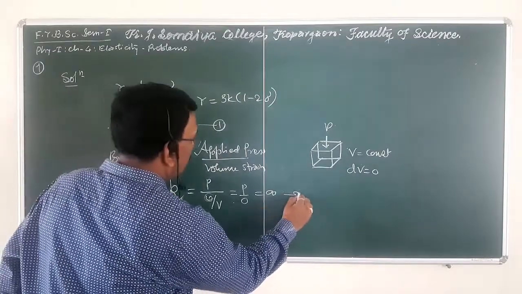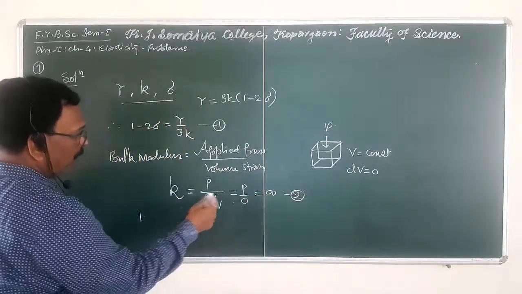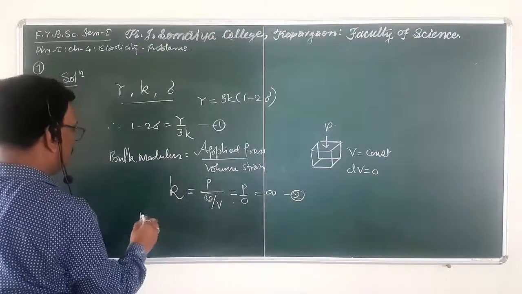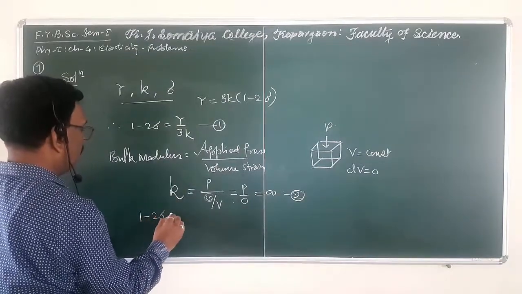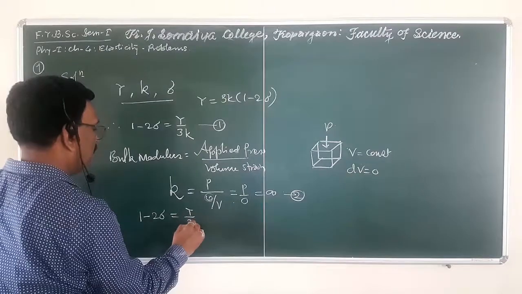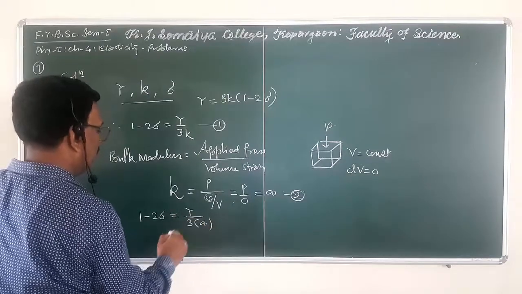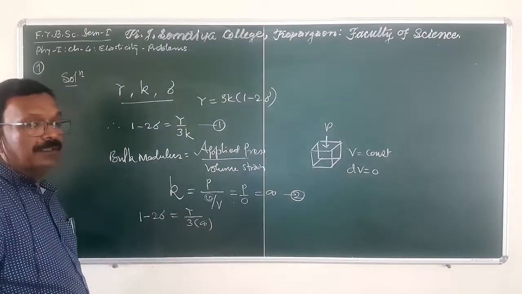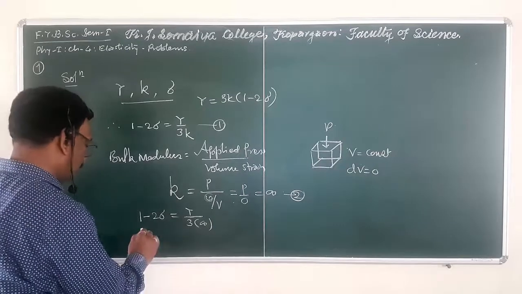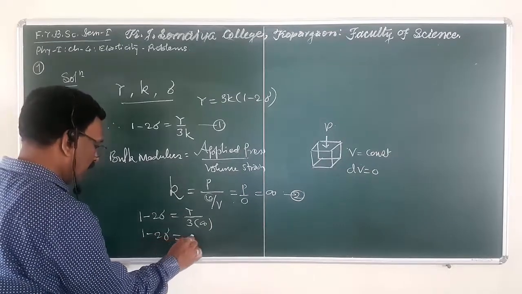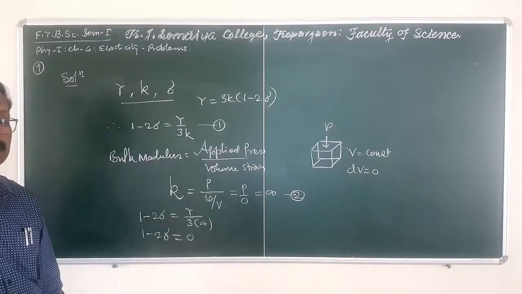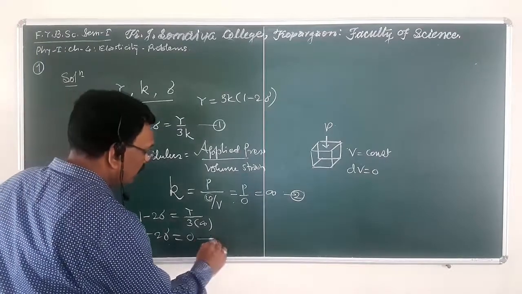Suppose this is equation 2. When we use equation 2 in equation 1, we have 1 minus 2 sigma is equal to y upon 3 into infinity. Then obviously 1 minus 2 sigma is equal to 0. Suppose this is equation 3.